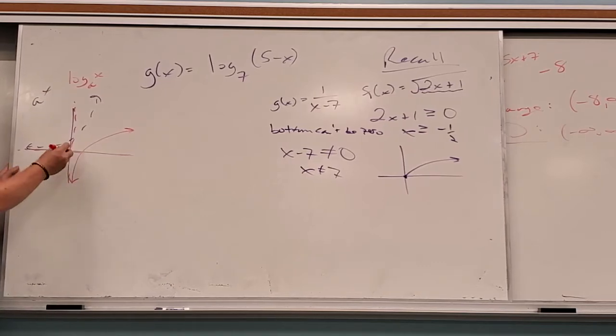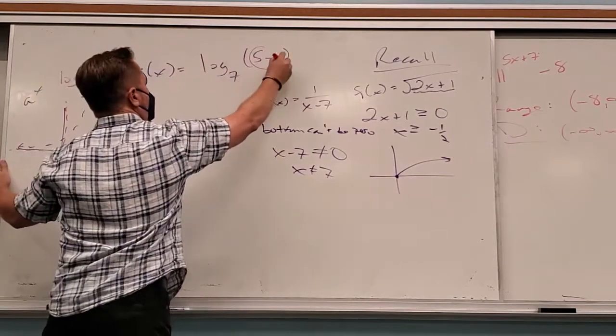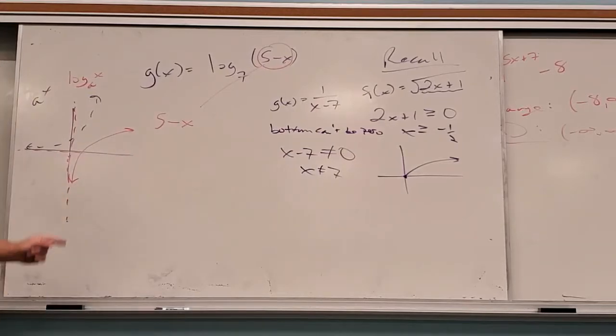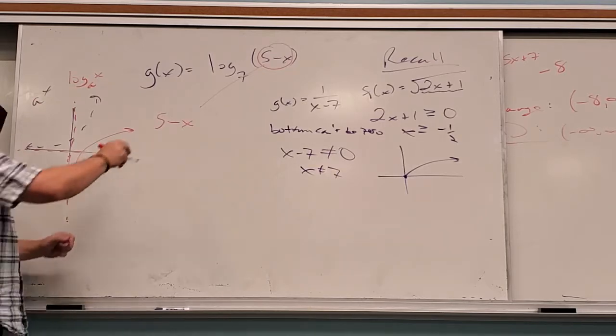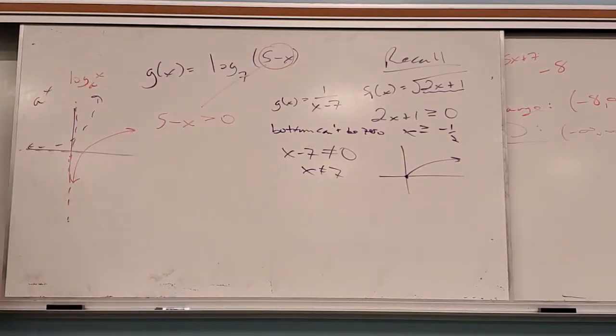I just can't plug 0 because there's an asymptote here, right? So what must be true about this then? Whatever that number is, it must be greater than 0. I can't put a number into a log that is not positive. So whatever number is in there has to be positive to work.